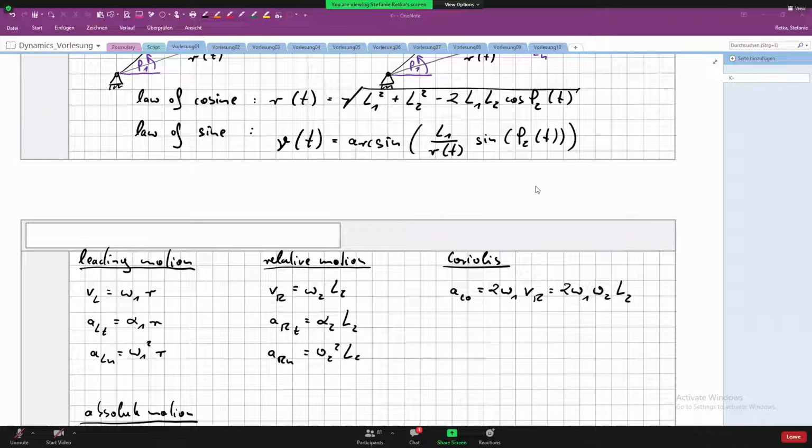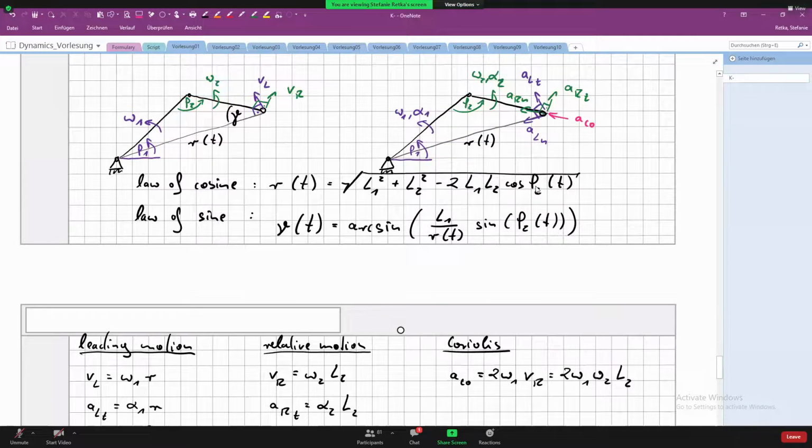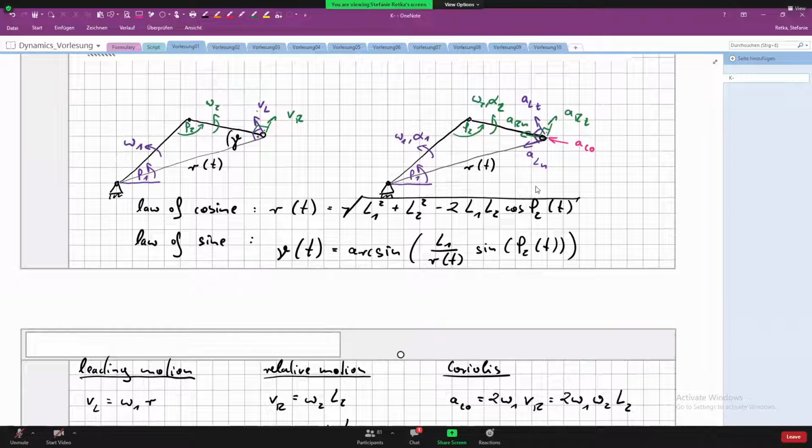Could you please explain the velocity? Well, no, the velocities do not depend on the direction of fingers. The velocities are always perpendicular to the radius, tangential to the path. So for the leading velocity, the radius is the distance from our point of rotation to the point of interest, the clamshell.